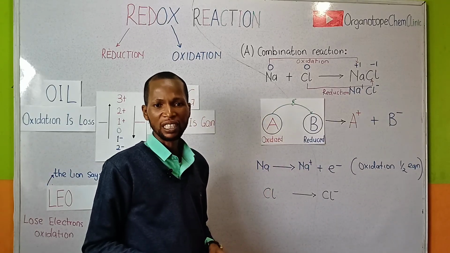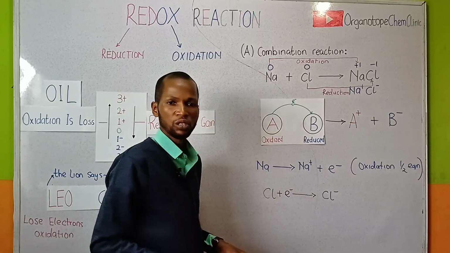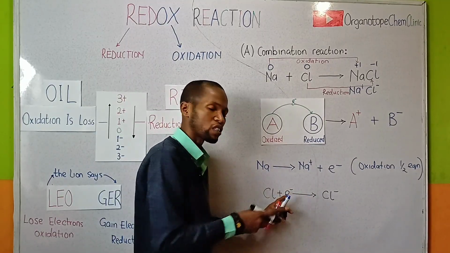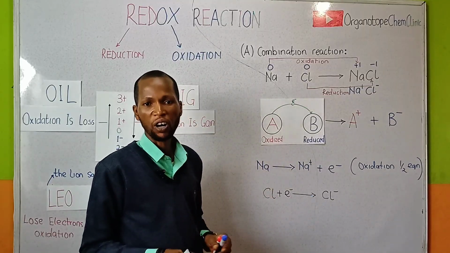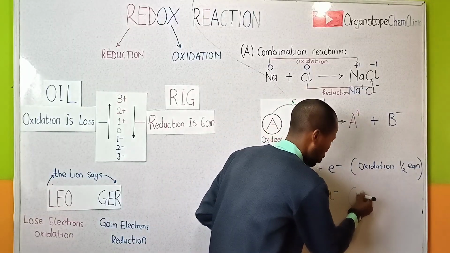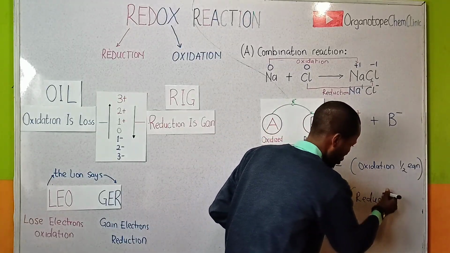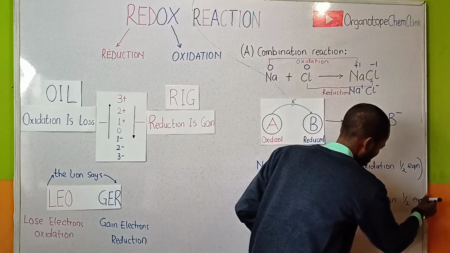In order to balance this charge, I will add an electron to this side. So we have 0 plus -1, that is -1. And here we have -1 for the chloride ion. Therefore, this is a reduction half equation.